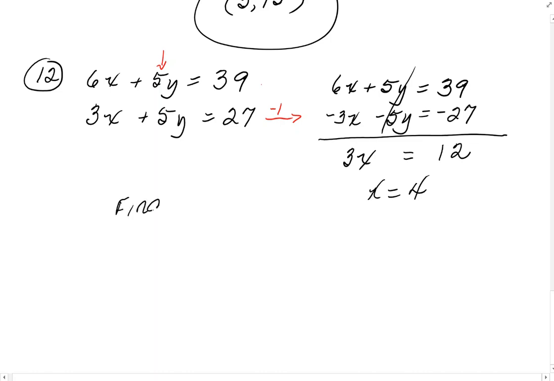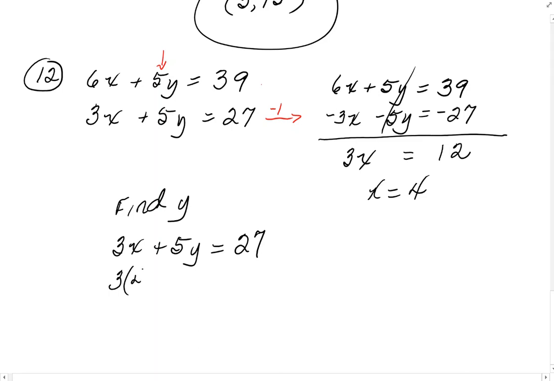Now I need to find y. I think I'll pick the second equation. I have 3x plus 5y is 27. Remember, the equation you pick is totally optional. You'll get the same answer with either one as long as you do it correctly.